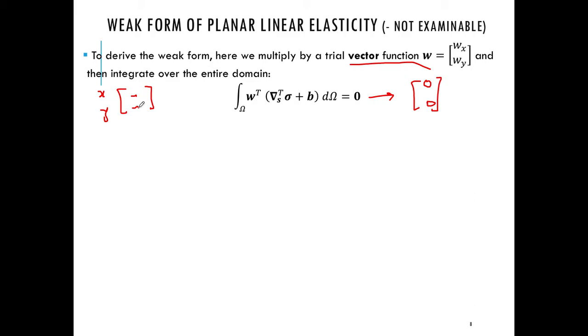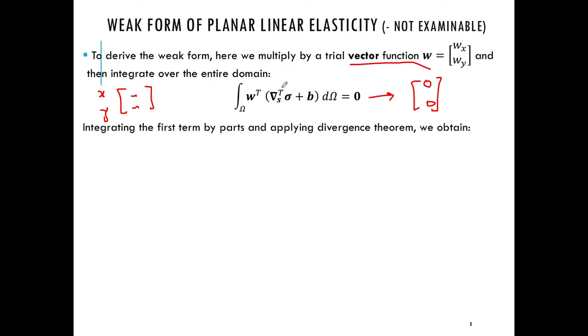So you're welcome to please go back and look at your textbook to see how the actual conversion from strong to weak form happens. The procedure is exactly the same. That is, we take the term with a differential in it, we integrate it by parts, and then we apply divergence theorem to it. Okay, the same as what we've been doing before. So we integrate this term by parts and then apply divergence theorem to get our expanded equation essentially.